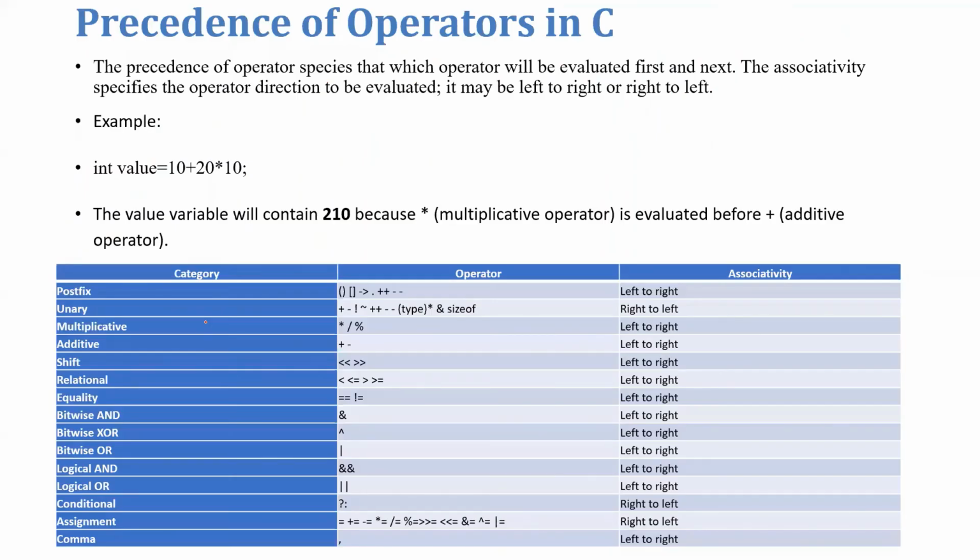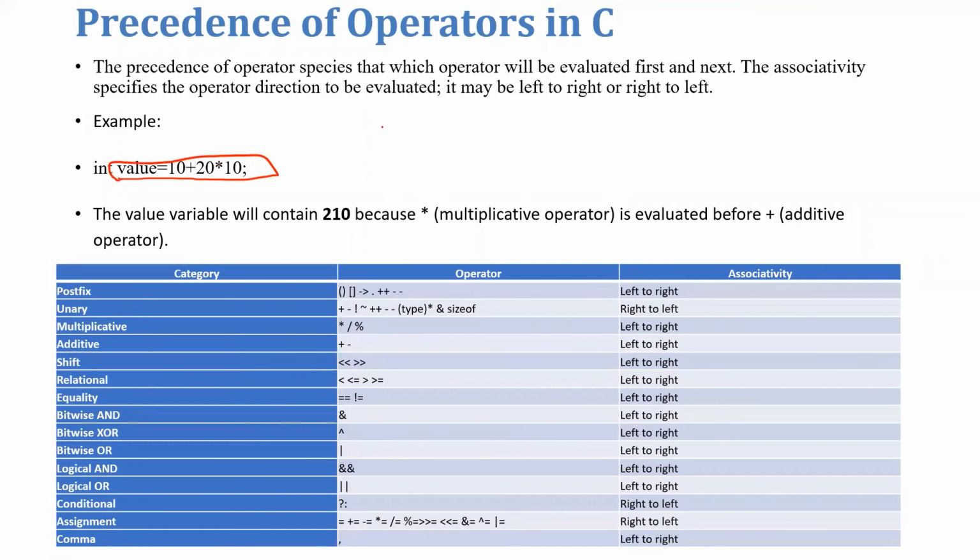The next important thing is the precedence of operators. Precedence of operators is most important to evaluate any expression. For example, here is an expression: value equal to 10 plus 20 into 10.